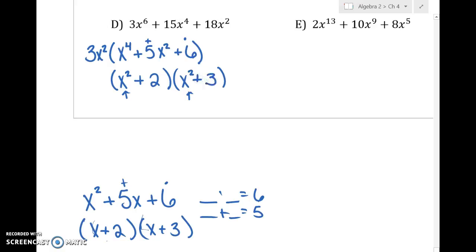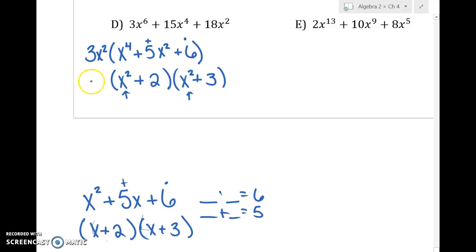If you were to multiply this out, or FOIL, as some people say, I hate that word, x squared times x squared is x to the fourth. X squared times 3 and x squared times 2 would add together to give you the 5x squared in the middle, and then the 2 times the 3 would give you the 6.